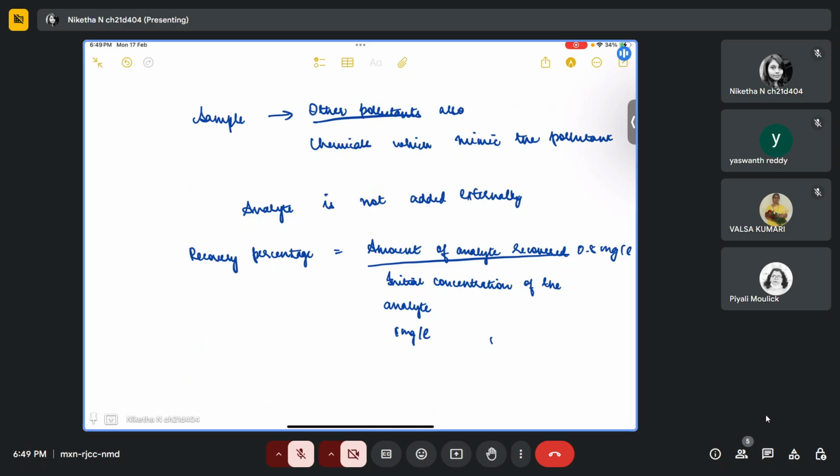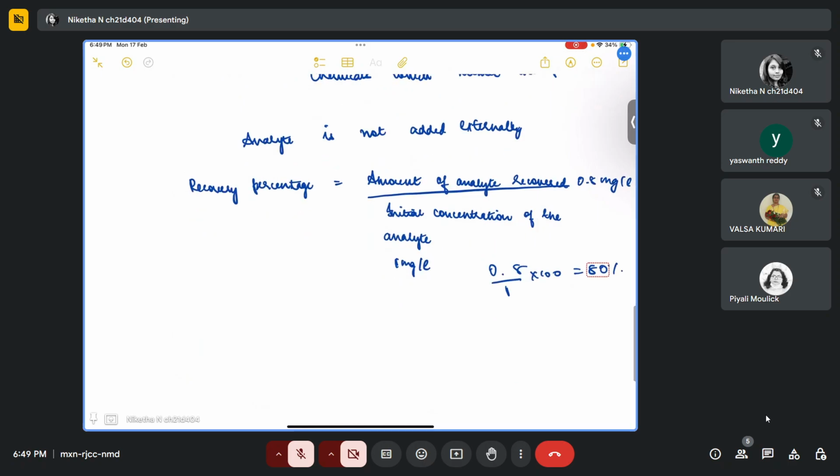So the recovery percentage is going to be 0.8 by 1 into 100, which is 80%. So when we say it is 80% recovery or 80% efficiency, it means maybe only 80% of the analyte is getting properly extracted. So the rest is lost.